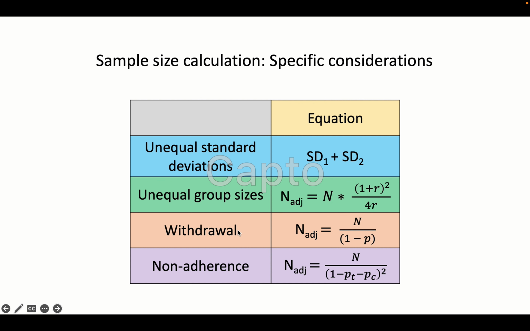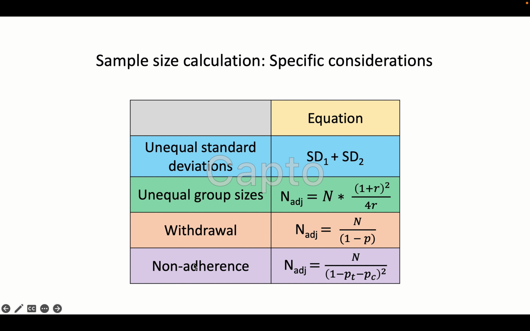We also have corrections for the expected rate of withdrawal or dropout of the patients. So if you are expecting a significant number of patients to drop out, you have a correction for this formula, which is given by your estimated sample size divided by 1 minus the proportion that you are expecting to drop out.